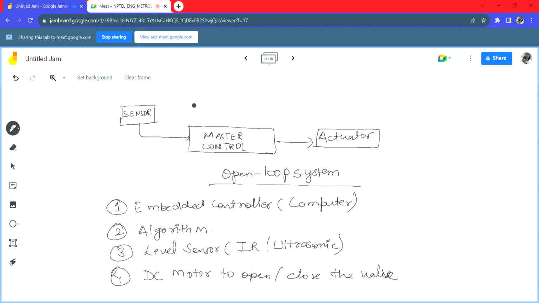This is the basic mechatronic system that applies almost everywhere.